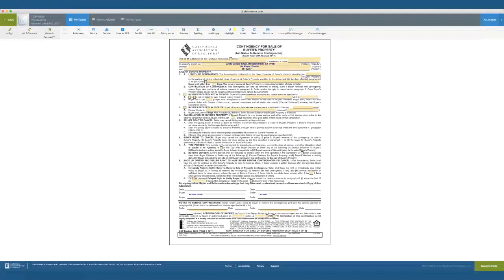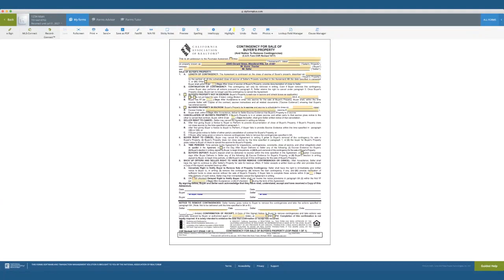Now, there are some time frames here. If the buyer's property is not in escrow yet, then the buyer has 17 days, or however many days, to get into escrow. And when a listing agent says, after this has all been agreed upon, that the buyer has gotten into escrow, well, you have to remove the contingency for the sale of the buyer's property.